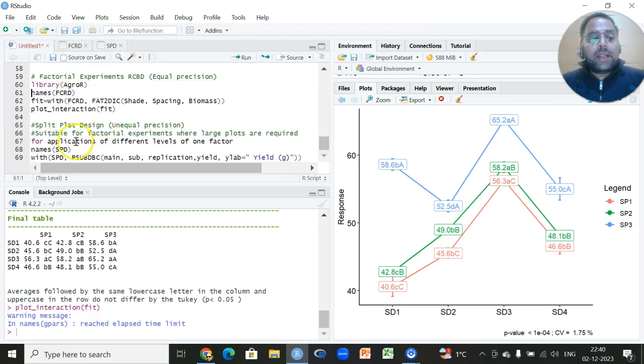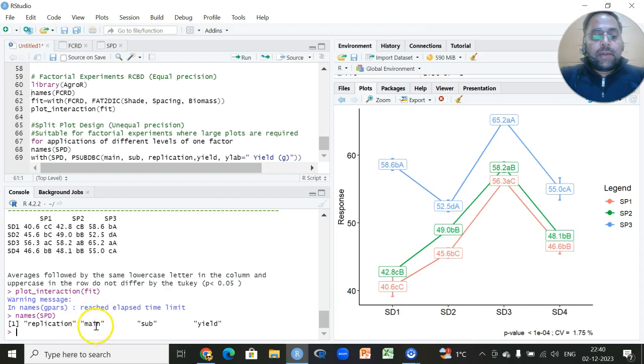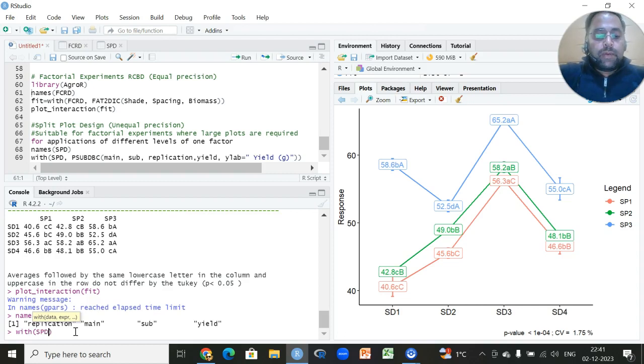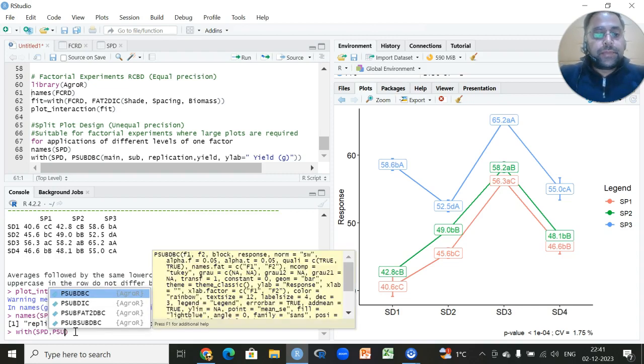In order to perform the analysis, we simply write SPD, the name of my data set, which is already available on my R console. We have two factors, main plot and subplot. To perform the analysis of split plot design in R, utilizing the library AgroR, we write the default function followed by the name of the data set, like we did in the Factorial CRD.